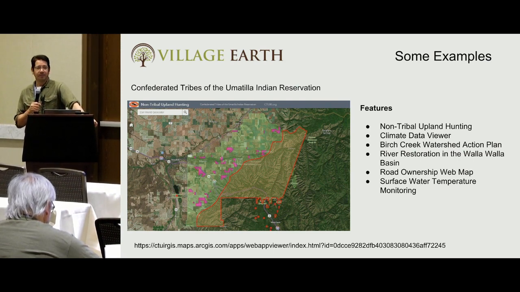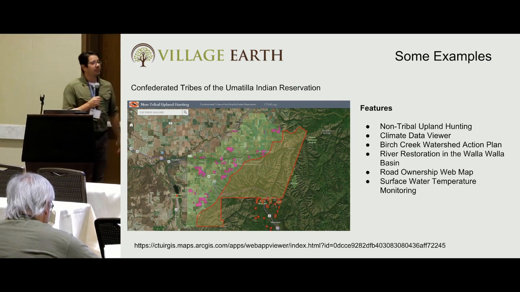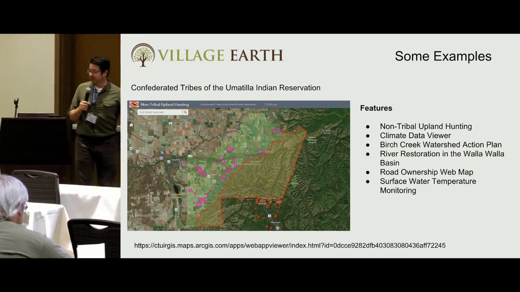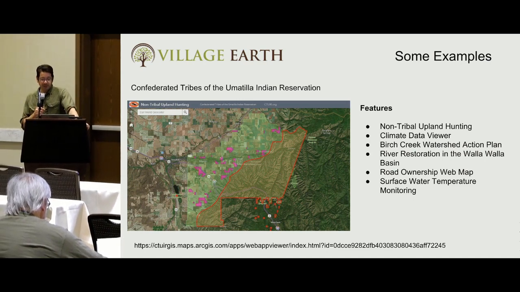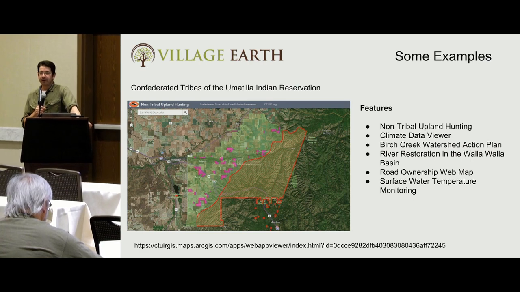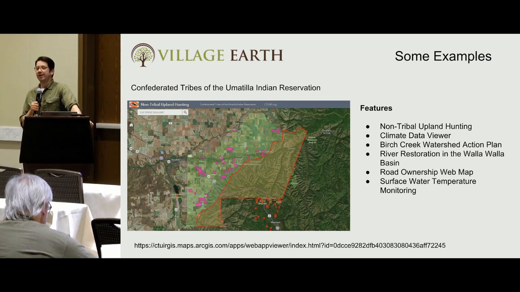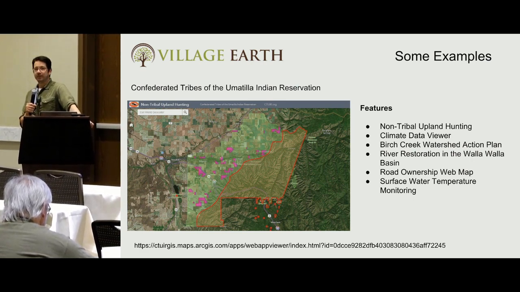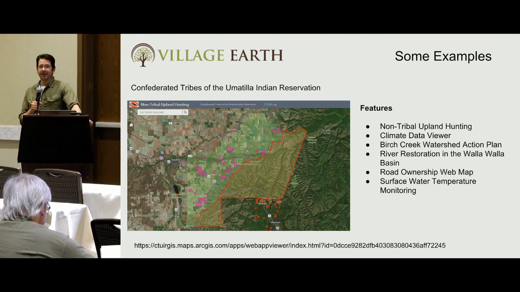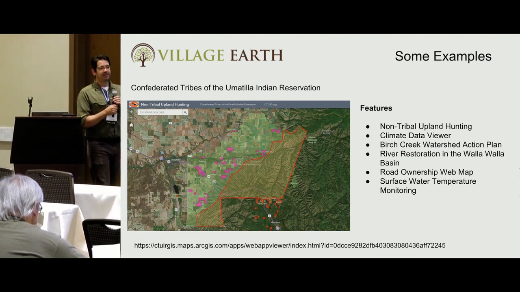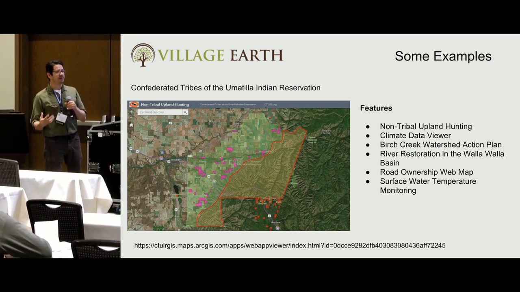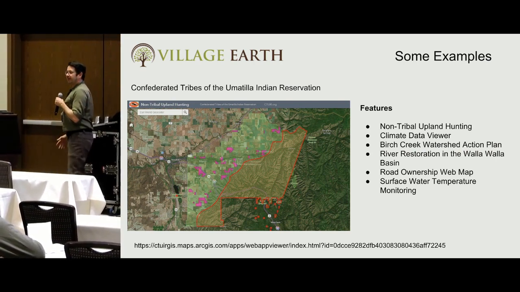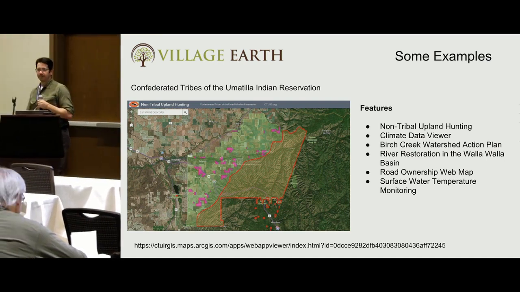So planning information, it's a way to get that information out to people, get feedback even. River restoration on the Walla Walla Basin, road ownership, surface water temperature monitoring. So there's no end to the kinds of data that you can add to a land information system. And like I said before, it makes it very easy to put multiple layers on there and not have it be a burden. That was always the challenge we had with the printed map book.